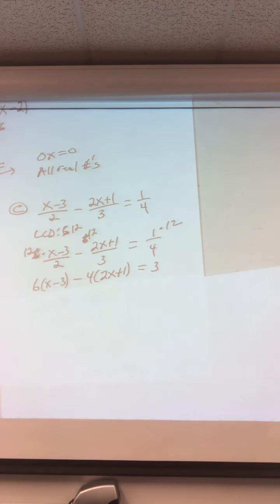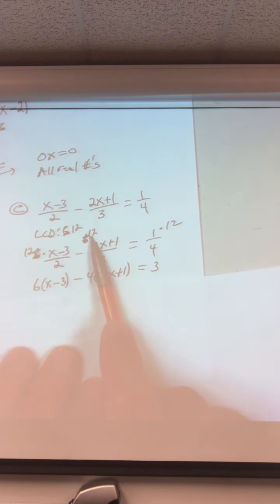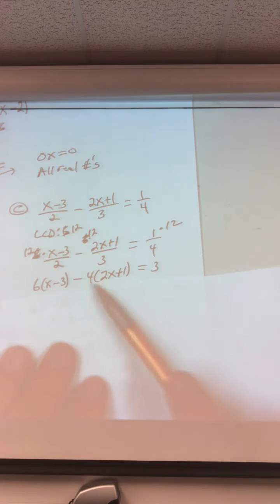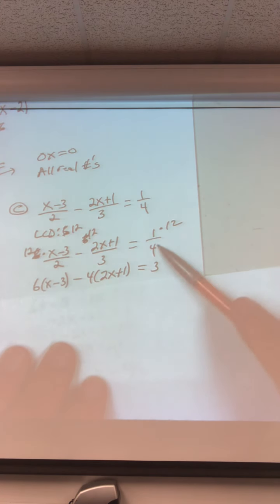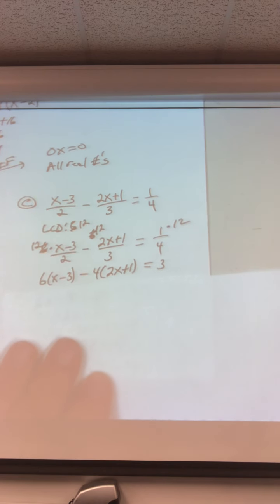Could you go ahead now and distribute that? Yes, you could. But I don't want to do 2 steps at once. So for that reason, I'll wait and distribute in the next step. Right here. 3 goes into 12. How many times? 4. But make sure you put what's left in parentheses. Not only that, don't forget that this 4 is negative. And then 4 into 12 is 3, and 3 times 1 I just went ahead and wrote is 3.